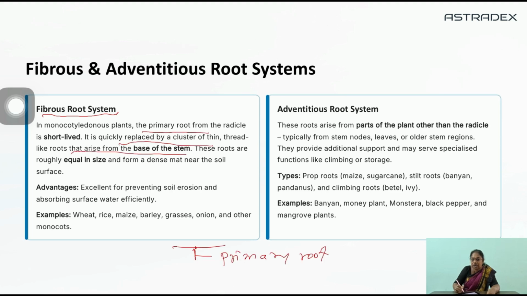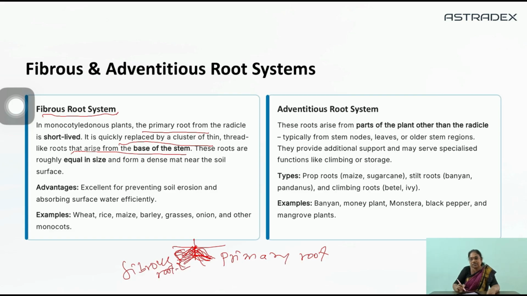The primary root is short-lived and then it is replaced by a uniform sized cluster of roots arising from the base of the stem. This cluster of roots is called fibrous root.